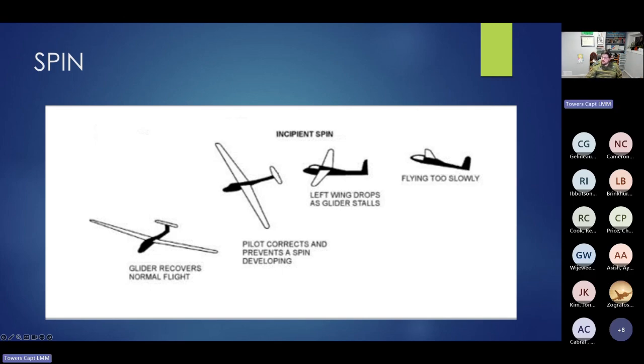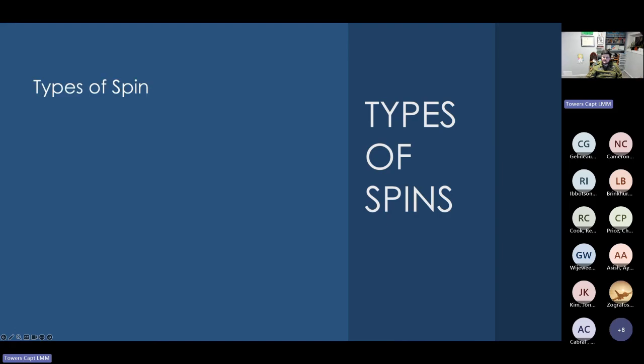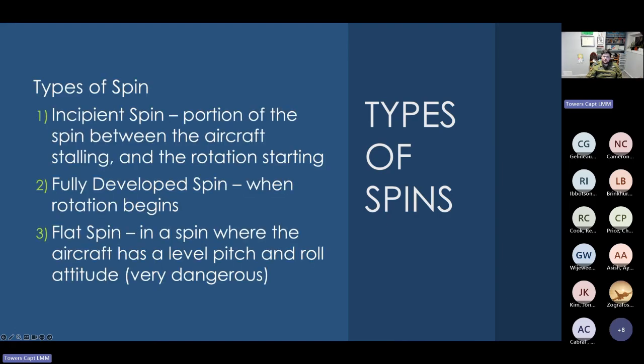So as I talked about earlier, we were going to talk about the different types of spins. So first off, we have that incipient spin, the portion of the spin between the aircraft stalling and the rotation starting. So you've stalled and now you're starting to turn, but you haven't fully entered the spin yet.